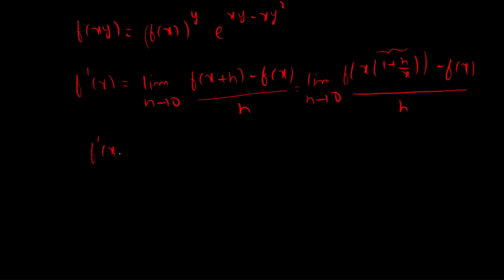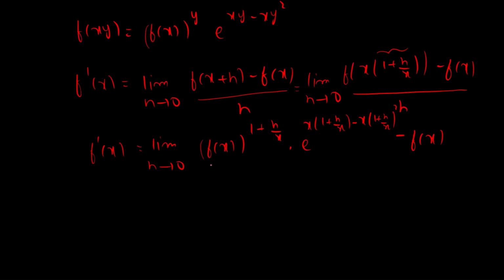f dash of x is equal to limit h tends to 0. Now let me substitute this from our functional equation. We get f of x power (1 plus h by x) into e power x into (1 plus h by x) minus x into (1 plus h by x) whole square minus f of x, whole divided by h.